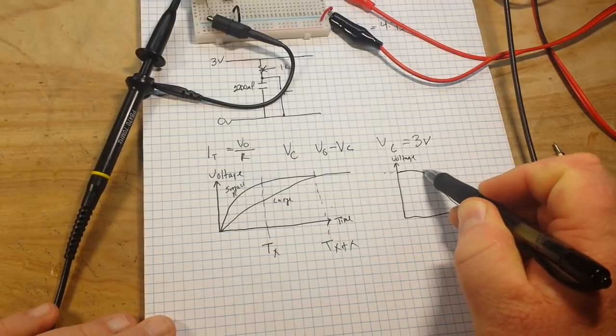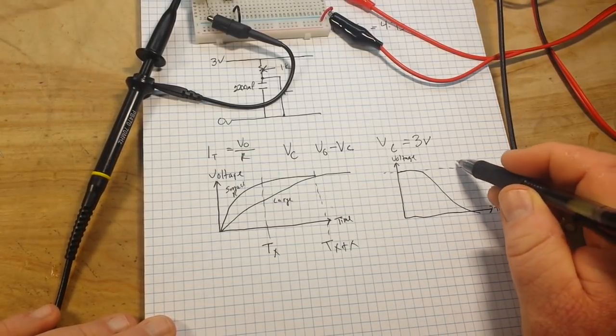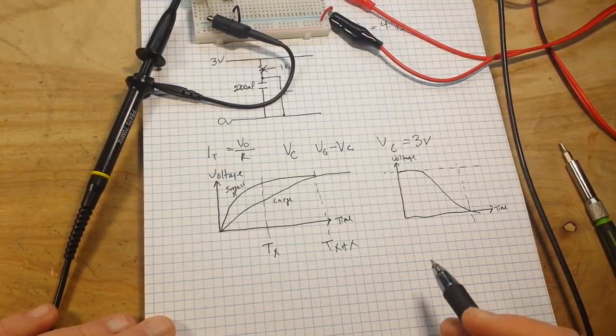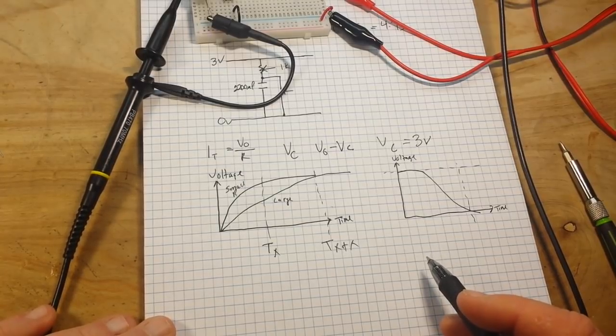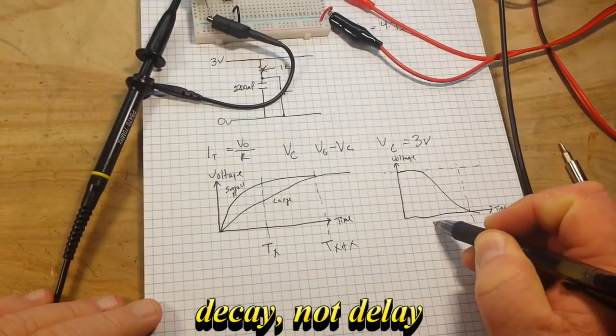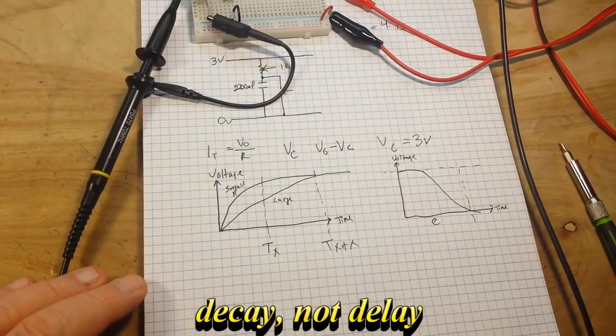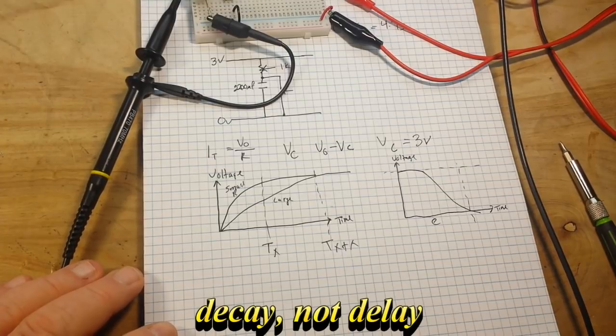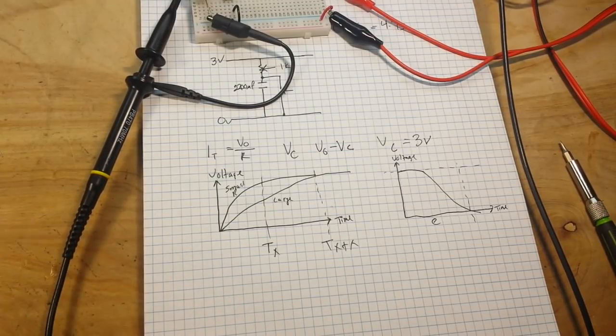So here we are at the fully charged point, and then here we are at the discharge point, and this is called exponential decay, and it's often referenced by the small e. So there are a lot of different constants and different values that can be figured out there, but you get the idea.